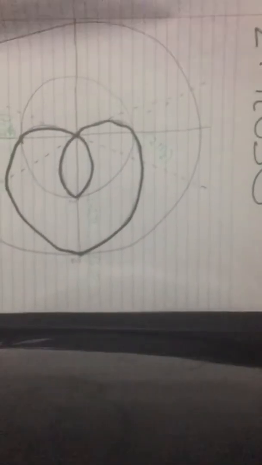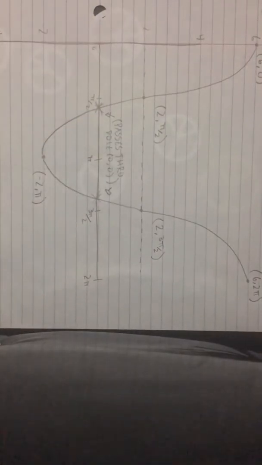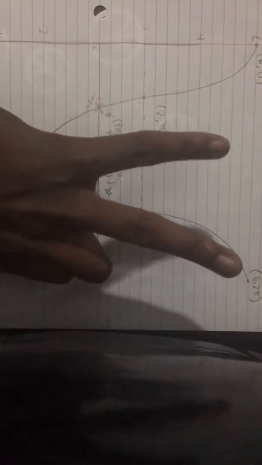Those points are the points at which the line passes through the pole, which is just the center of the graph seen here. As you can see at these points, this is where the graph passes through the pole, which is twice.